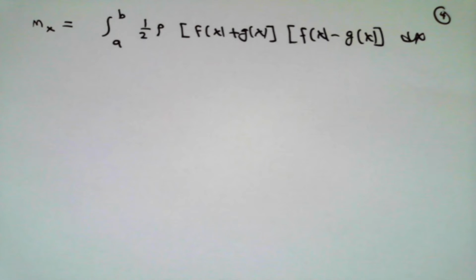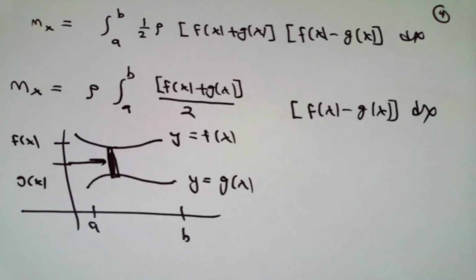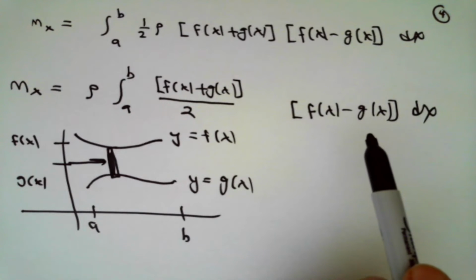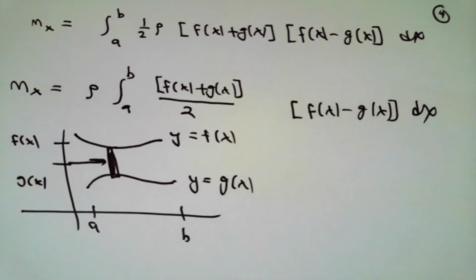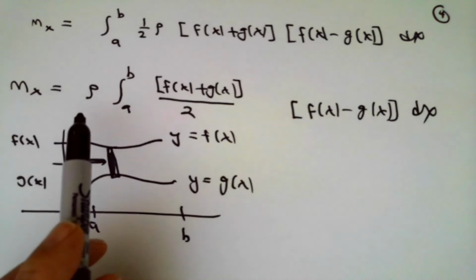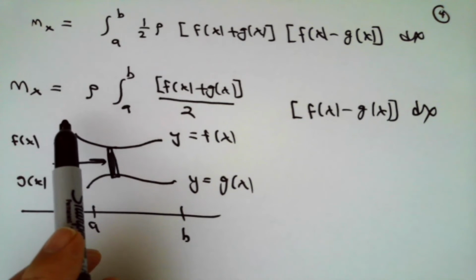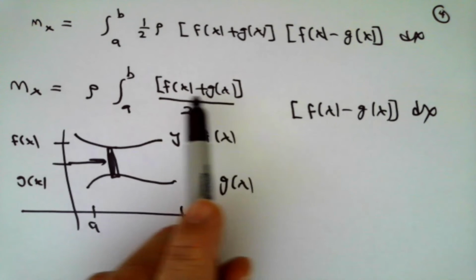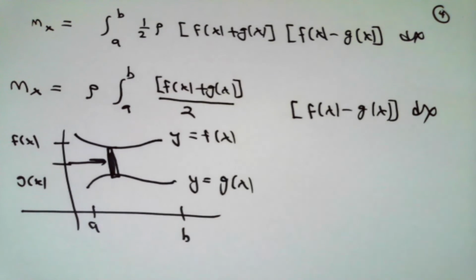The rho is an actual constant. I can pull it out of the integral. I could pull the 1/2 out, but I'm not going to. I'm going to group the 1/2 with the factor of f of x plus g of x. By doing this, I can make the last part of the integral look the way the others looked, f of x minus g of x dx, mass density out front, and f of x plus g of x over 2 represents the typical y-coordinate.